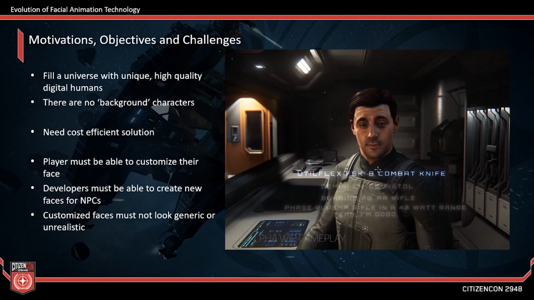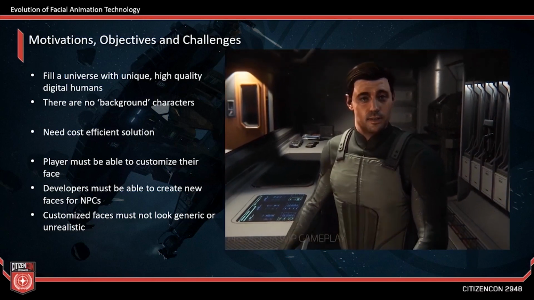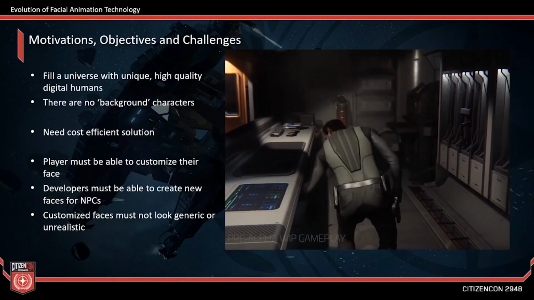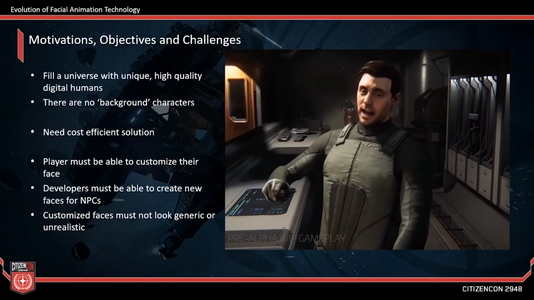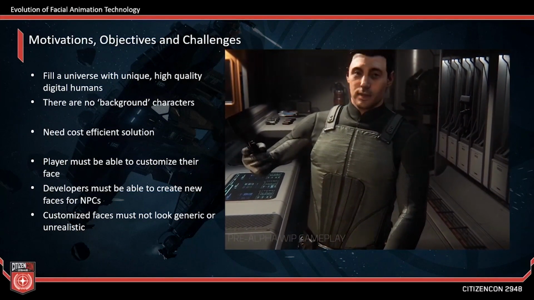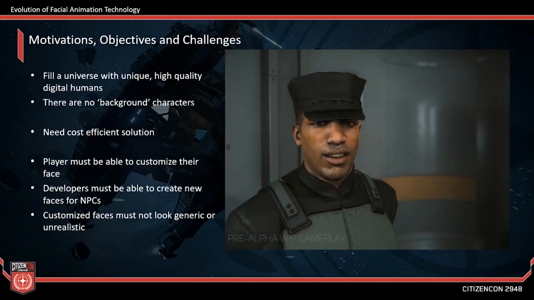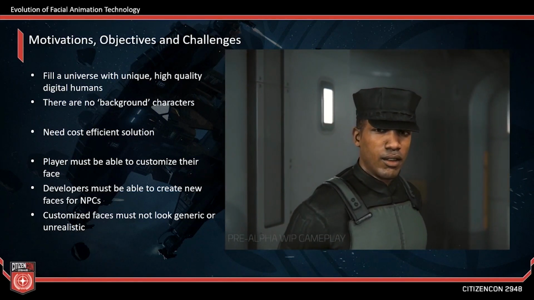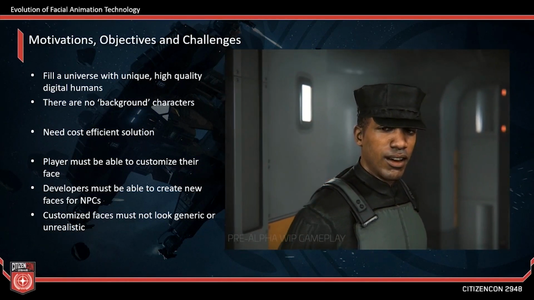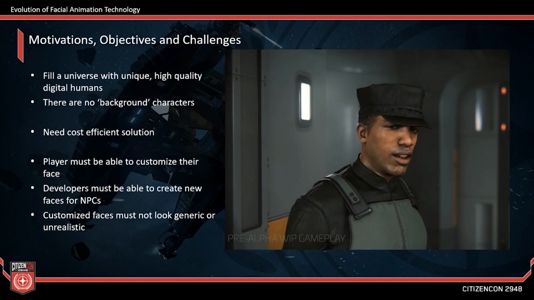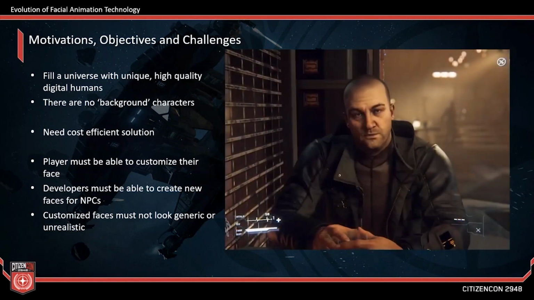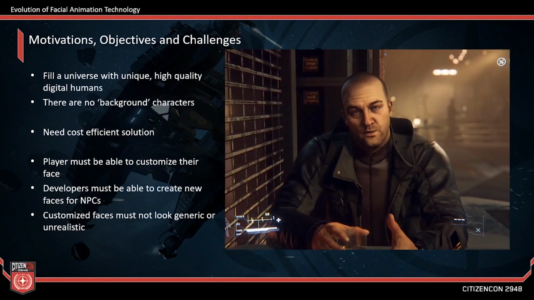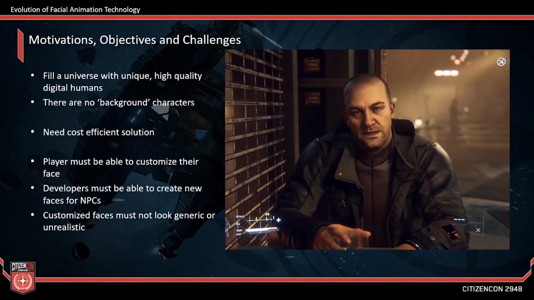So that's why we don't have any background characters in our game, as Ivo has told you. We have these different tiers of facial rigs, but in theory, whether it's player-generated animation through face over IP, or animation from mission givers, for instance, or gameplay story cinematics, as we call them, they all need to be at a similar level.